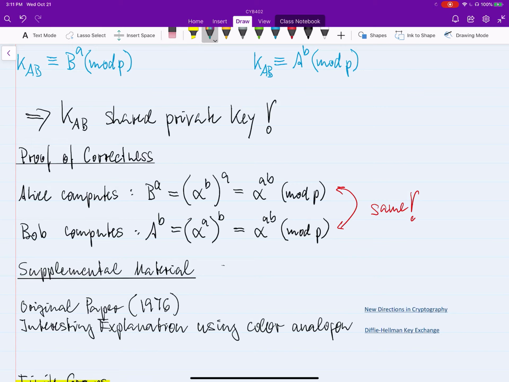When you think about what Alice is actually computing, remember this was capital letter B that she got from Bob, and she puts that to the power of her own secret key, small letter a. So she essentially computes alpha to the power of ab.